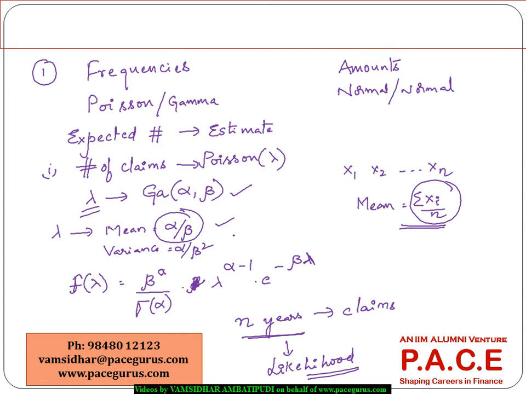So here the two parts are: the frequency of the claims follows a Poisson distribution with parameter lambda, and lambda follows a gamma distribution with parameters alpha and beta. So this is what is typically working out.